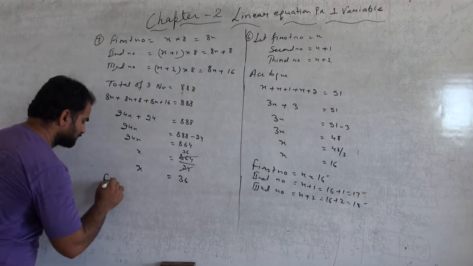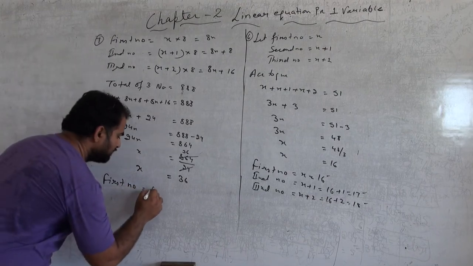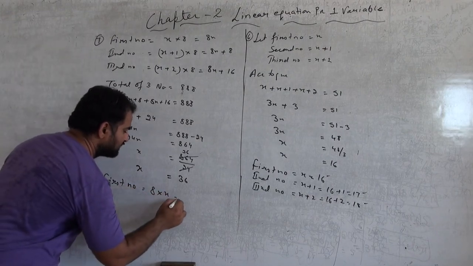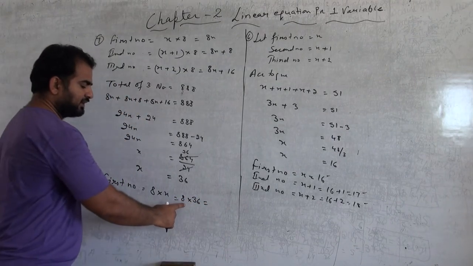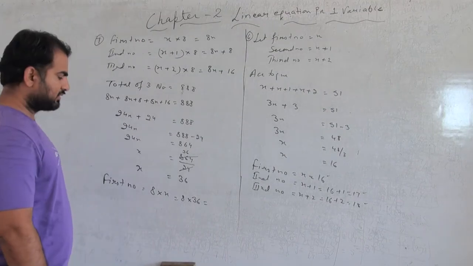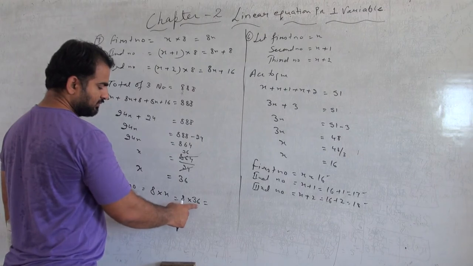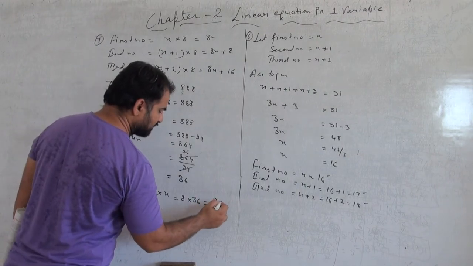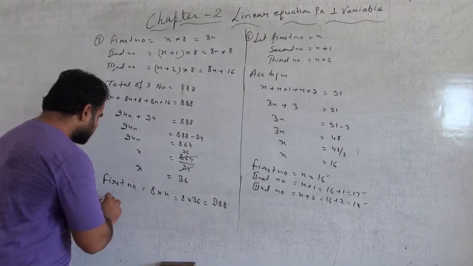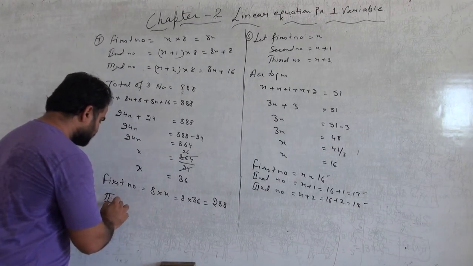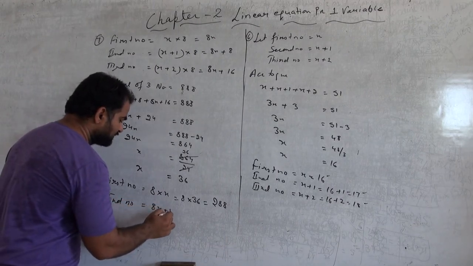So what is the first number? First number equals 8x, which equals 8 into 36. So what is 8 into 36? Okay, it will be 288. Okay, and what is the second number? 8x plus 8.